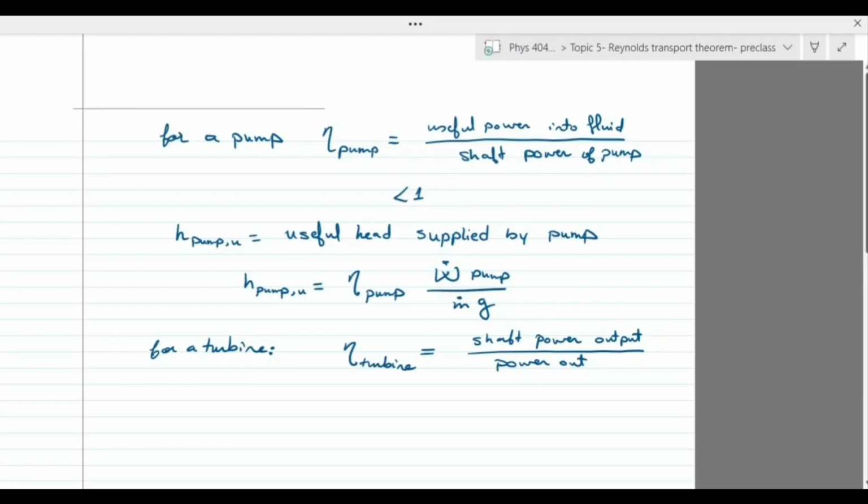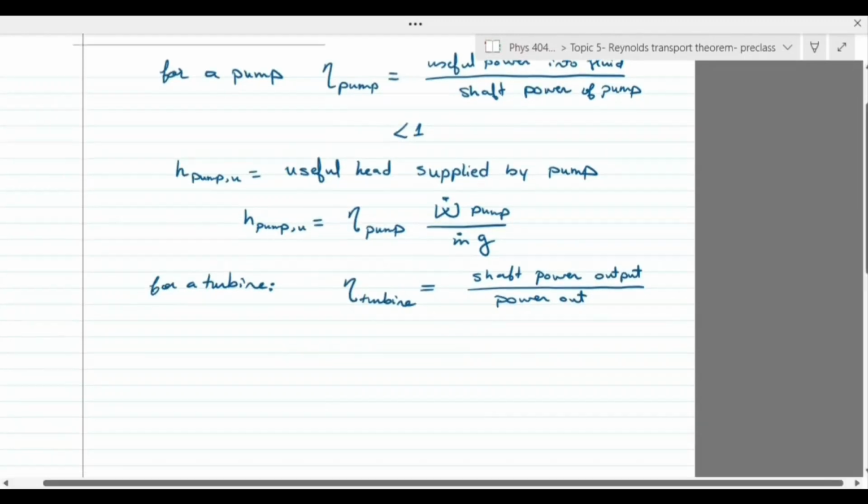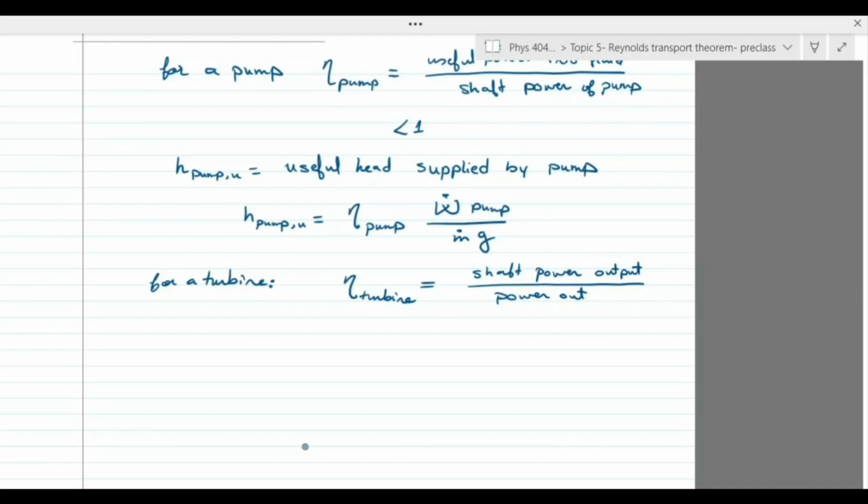So this is basically the inverse, because in this situation, my input is the work done by the fluid, whereas my output is going to be what I obtain out of this fluid. So I can write now H turbine E. This is going to be 1 over nu turbine times W dot turbine over M dot g.